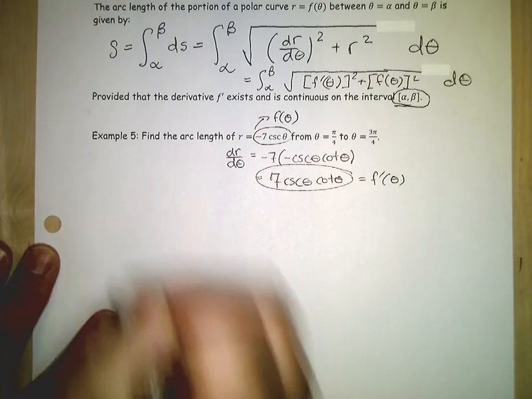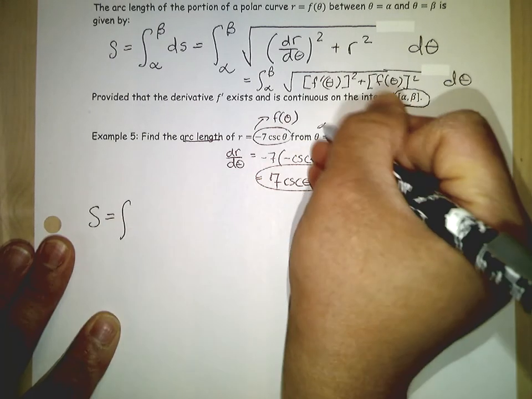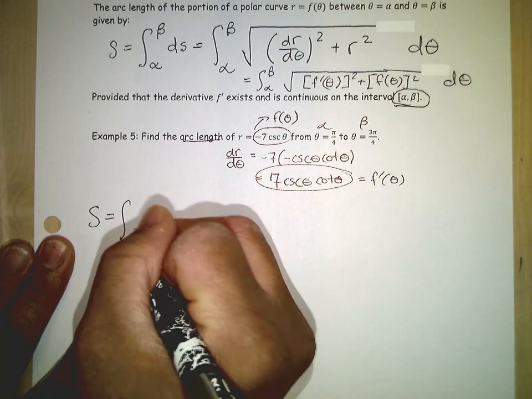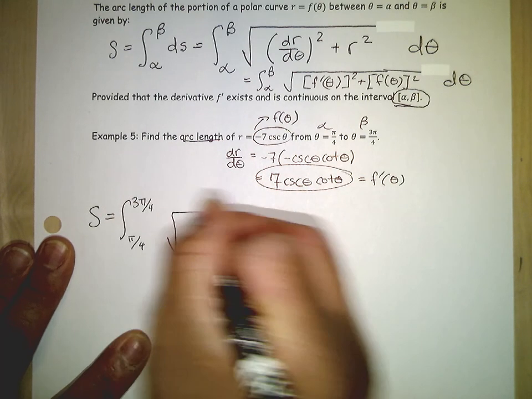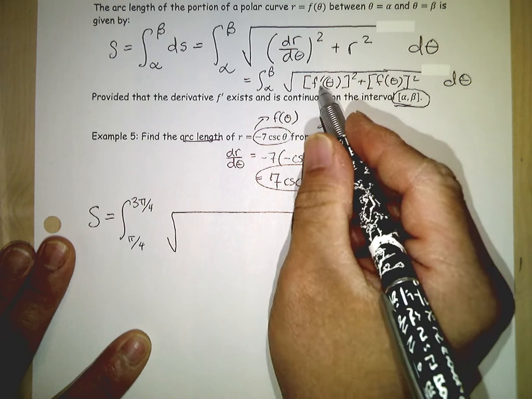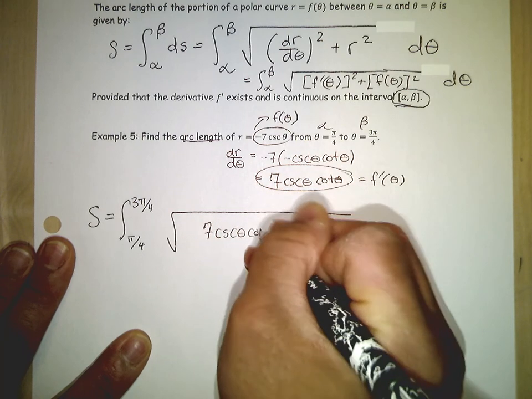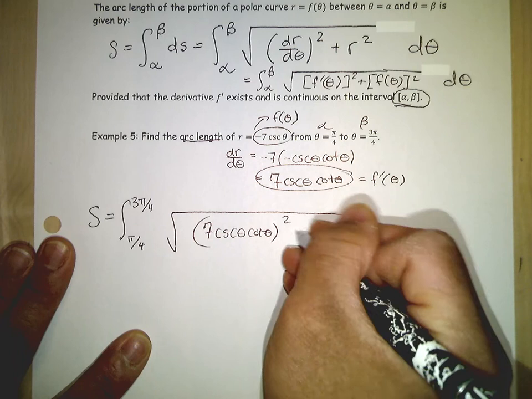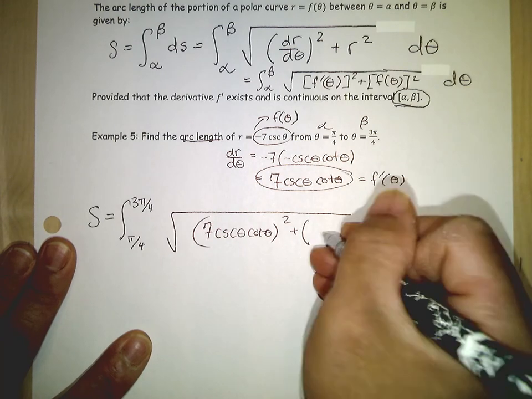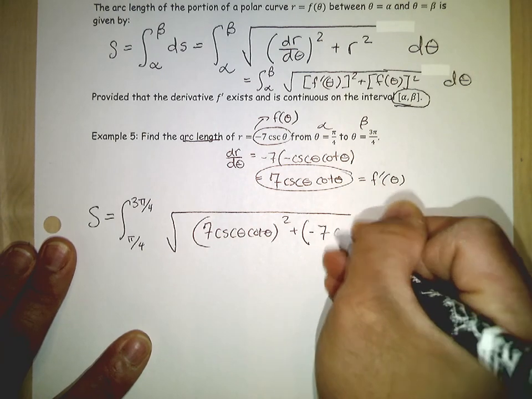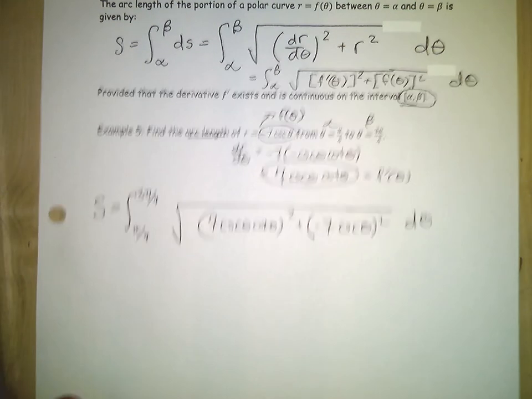So now the arc length s is the integral from alpha equals pi over 4 to beta equals 3 pi over 4. Then we have the square root of f prime of theta squared, so 7 cosecant of theta cotangent of theta squared, plus negative 7 cosecant of theta squared d theta.